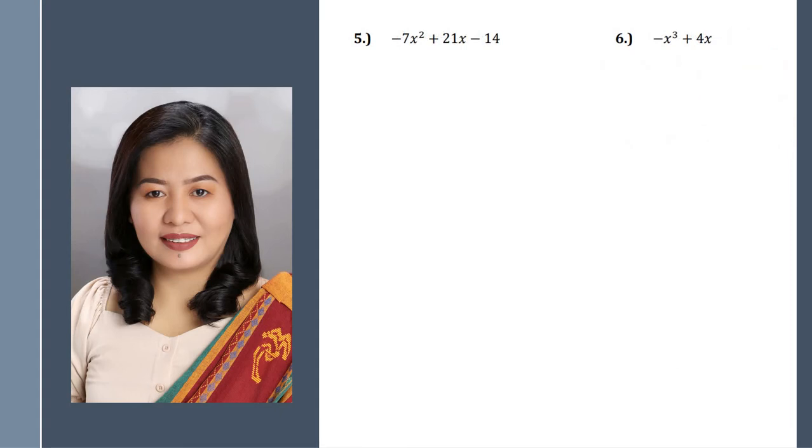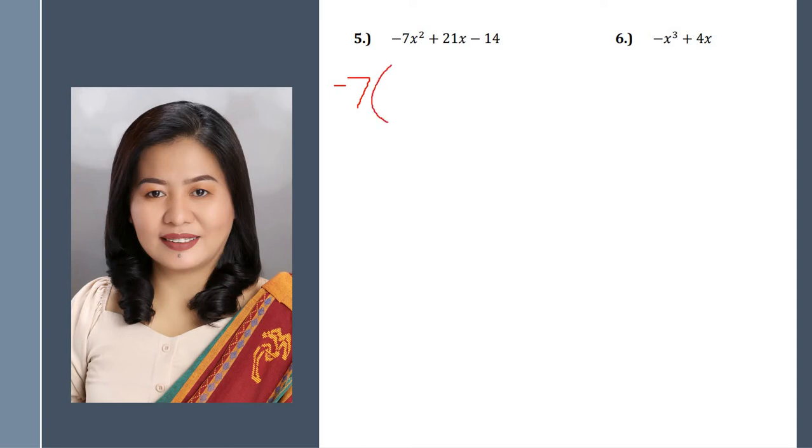Next, number 5. You have negative 7x squared plus 21x minus 14. Okay, so for this one, check first. Is there something common among all three? There's none with a variable. But with the numbers 7, 21, and 14, is there something common? Yes, 7 is common, but I want to take out the negative, so I will take out negative 7 so that my x squared will become positive.